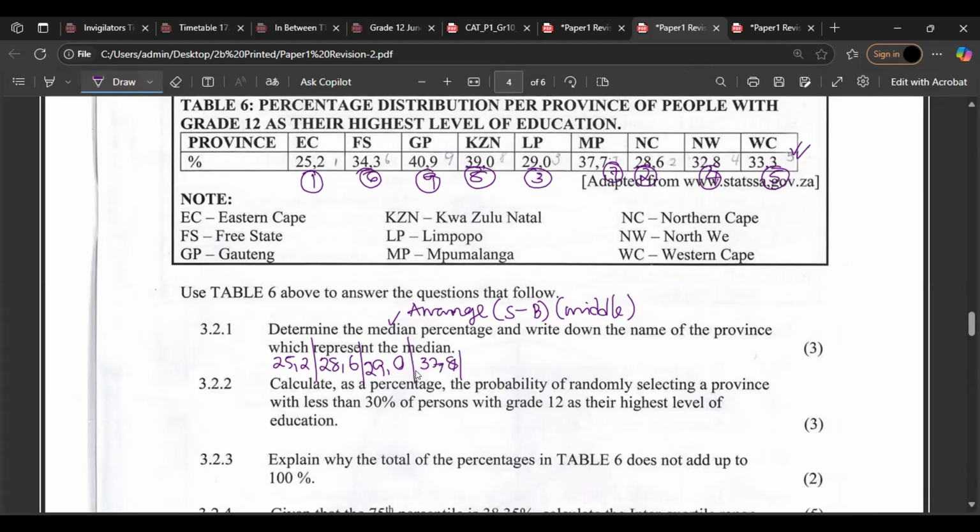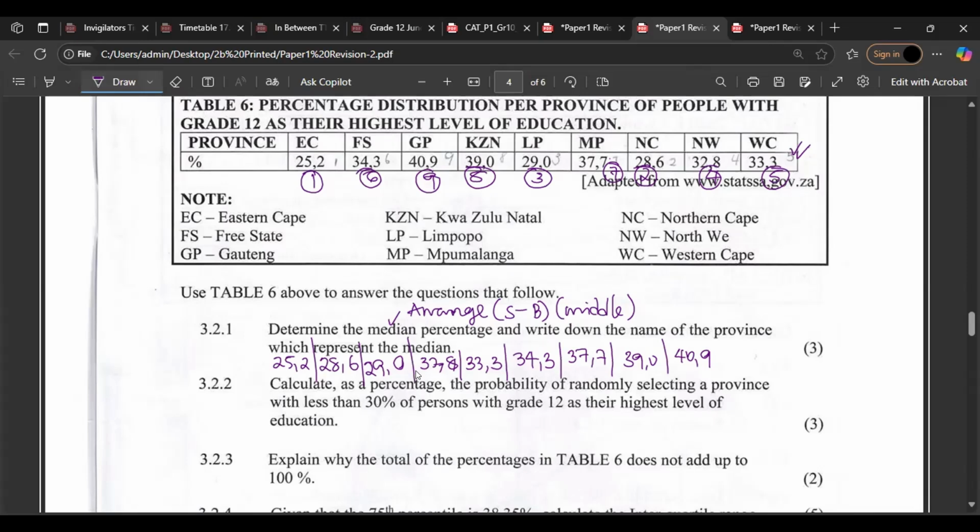Then number 5 is 37. Number 8 is 39. Number 9, it's 40.